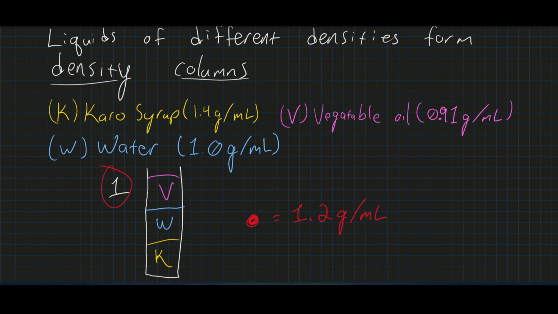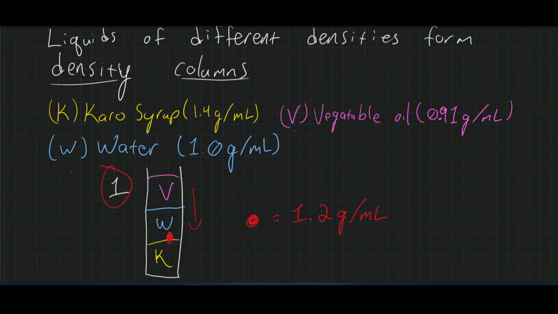Well, this red ball, having more density than the vegetable oil, having more density than the water, but less than the Karo syrup, would sink below the vegetable oil and water, but float on the Karo syrup. So it'd end up right about there.